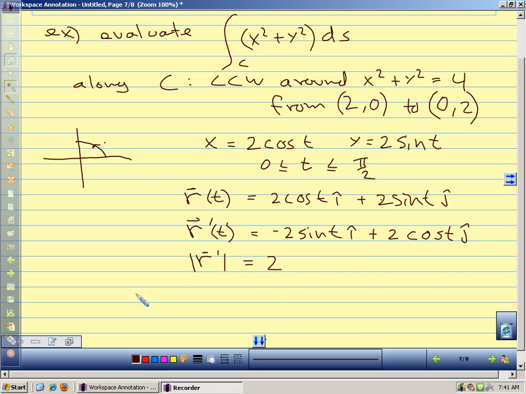So the integral along C of x squared plus y squared ds is just the integral from 0 to pi over 2 of 4 times the magnitude of r prime, 2 dt, and that is just 4 pi.